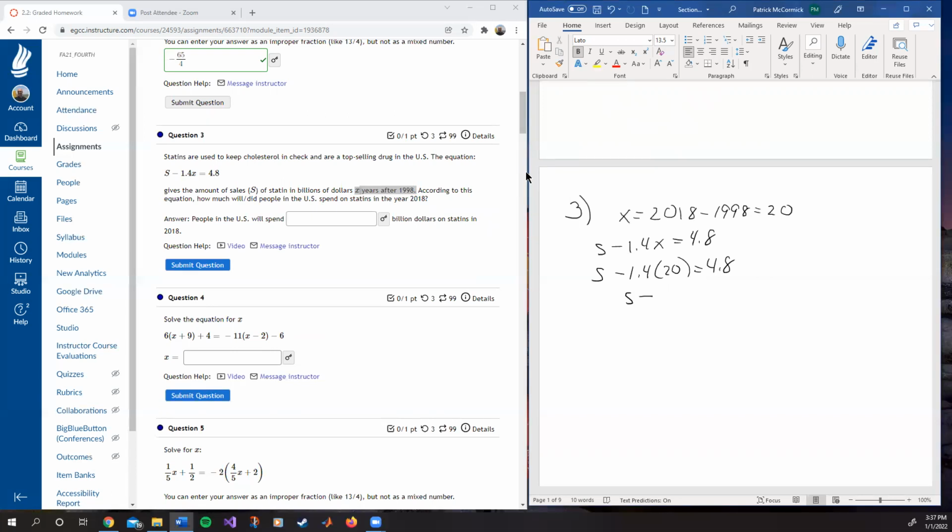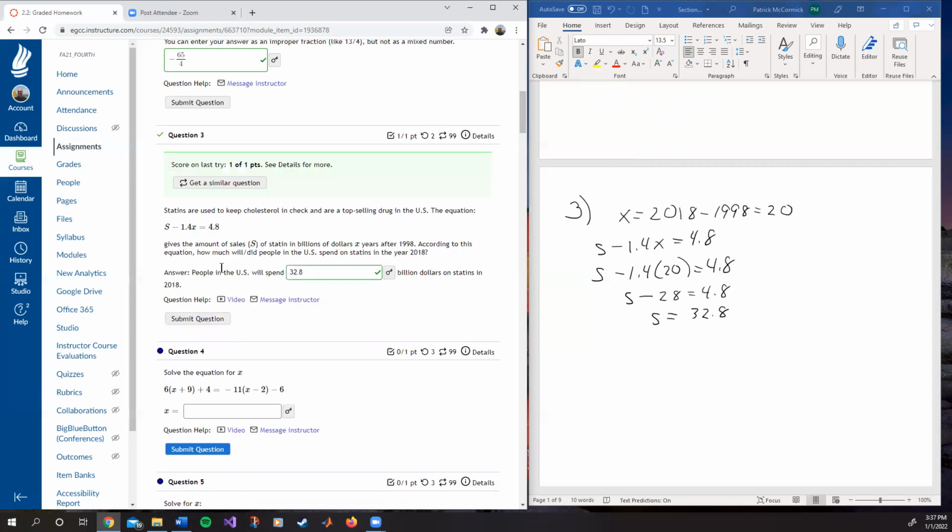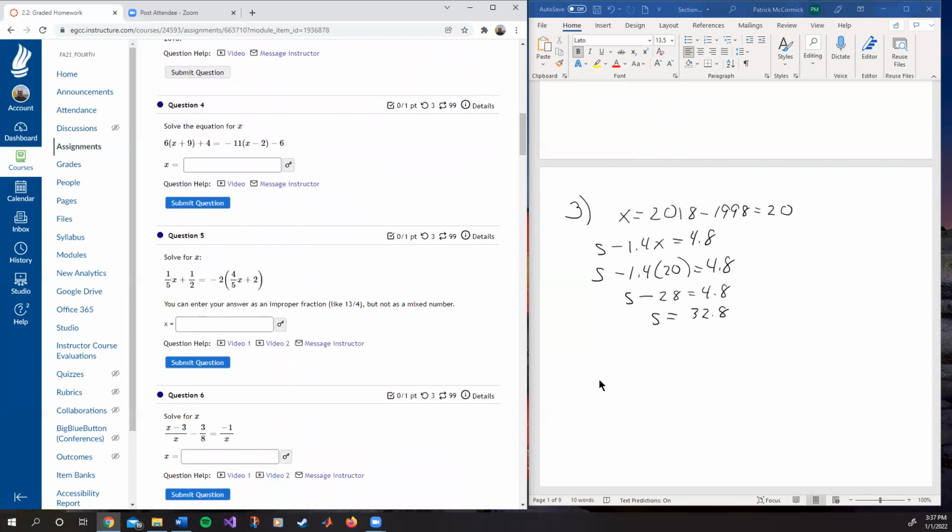Break out your handy dandy calculator. Your calculator is your friend, so don't forget. 1.4 times 20 is 28. Add the 28 to both sides. So 28 plus 4.8 is 32.8. So $32.8 billion. There we go.